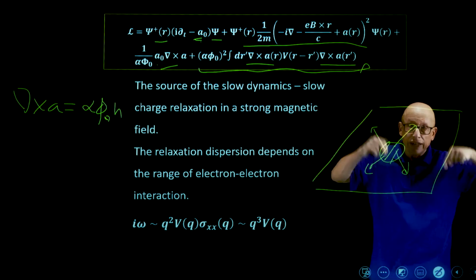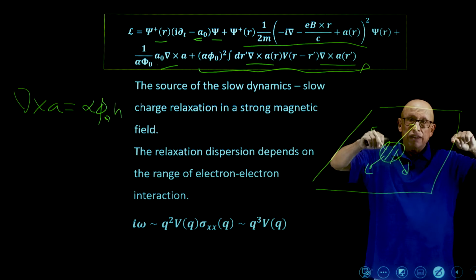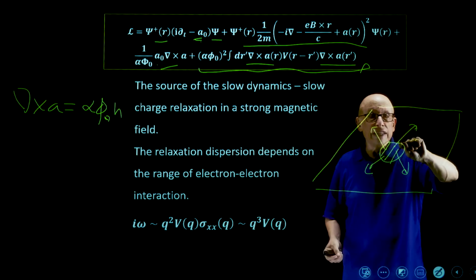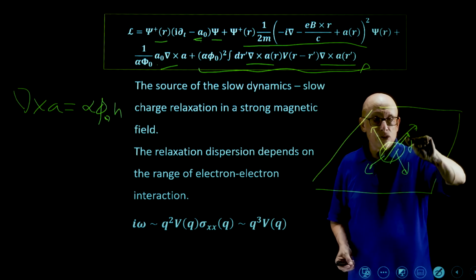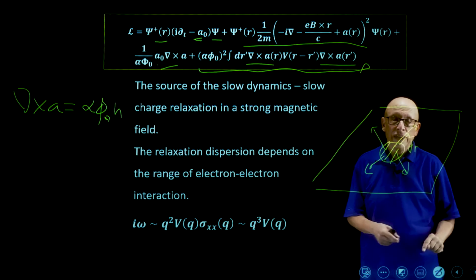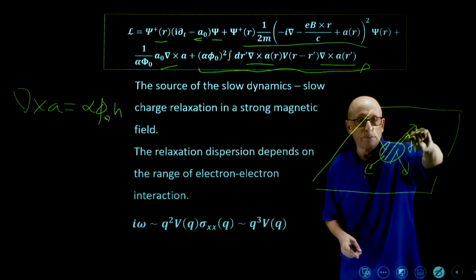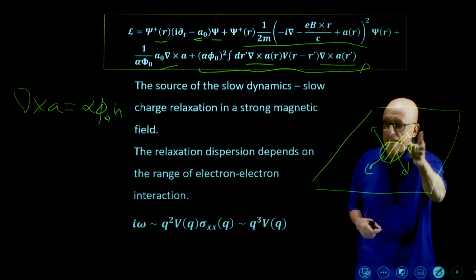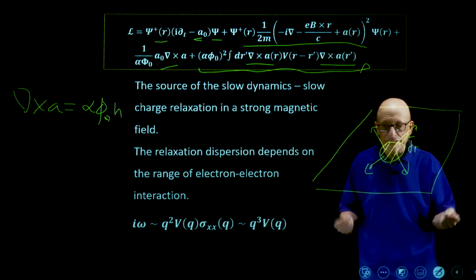The part of the current that makes the density relax is the longitudinal current, J_R. If the electric field is all radial, the part of the current that's parallel to the electric field, which is the radial current, will lead to relaxation.